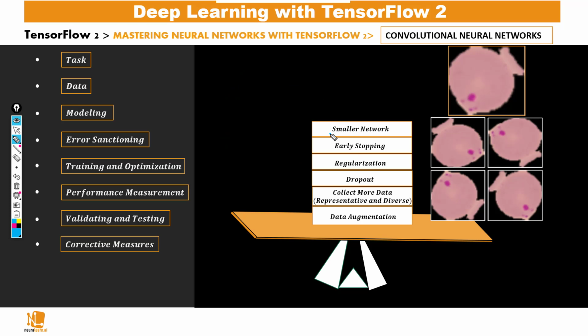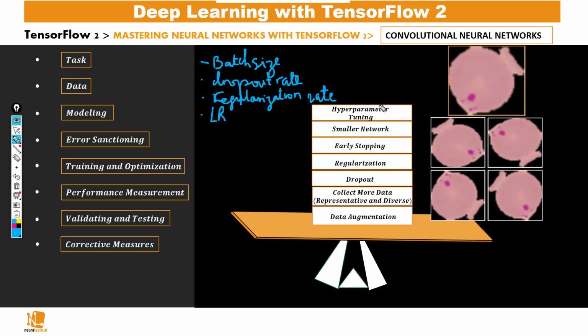Then another thing to do is to reduce the size of the network or use a less complex network. Our next step will be to properly tune our hyperparameters. Hyperparameters like batch size, dropout rate, regularization rate, and the learning rate can affect our model and dictate whether this model will overfit or not.